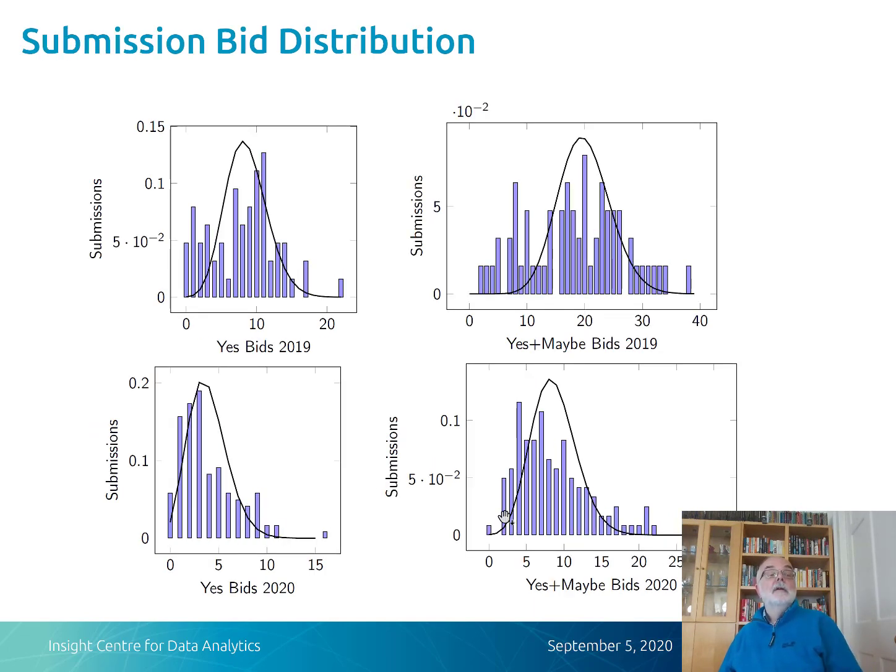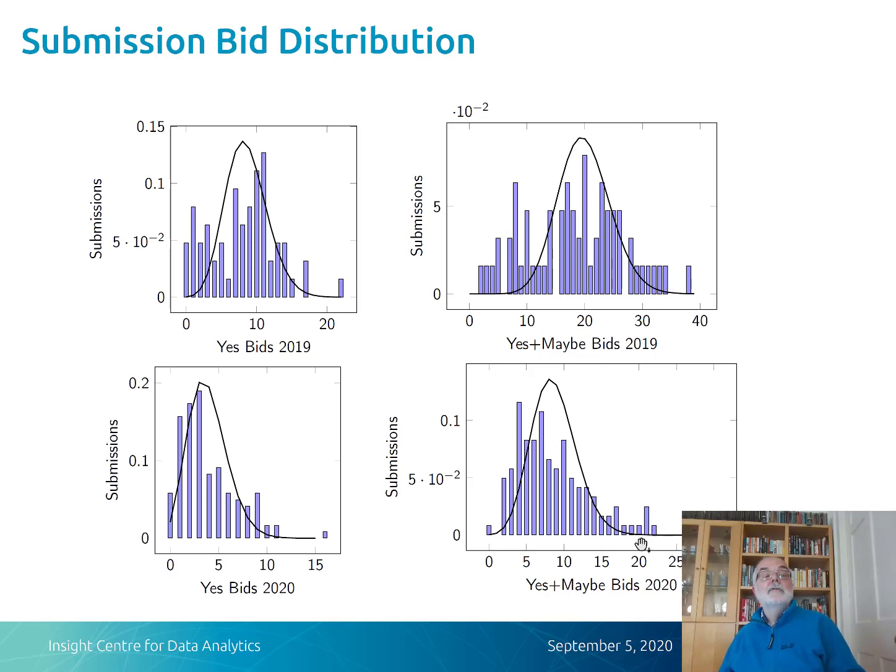This is a similar view but expressed for the submissions. So we can see that both in 2019 and in 2020 we had a few papers that attracted a large number of bids. These were very popular, and we have a few papers here, when we combine yes and maybe bids, where we have over 30 possible reviewers that we could choose from.